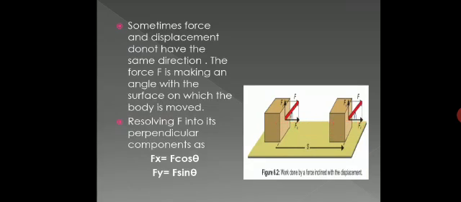So when we resolve the force into its perpendicular components, we know that there are two components, Fx and Fy, which are the x component of force and the y component of force. The formula for the x component of force is F cos theta, and the formula for the y component of force is F sin theta.